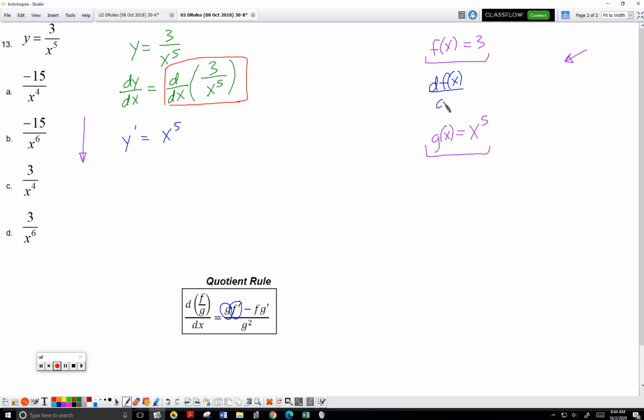So d of f over dx is the same thing as f prime. Does anyone need me to give more detail about why that is true? That's just somebody chose to have those two symbols mean the same thing. So d of f of x over dx is the same thing as f prime.